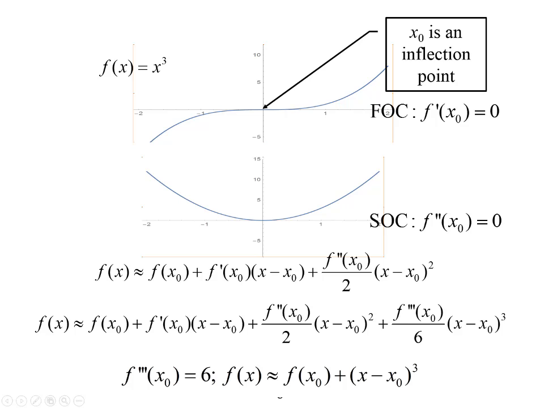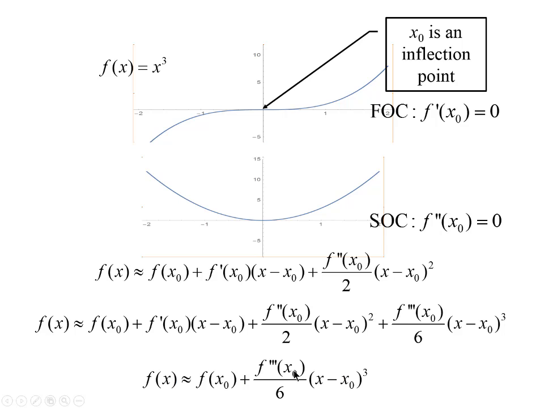And in case of, say, if now we generalize and consider a case when the third derivative is equal to 0, then we would have to add more terms on the right-hand side and see which term in the Taylor decomposition is not equal to 0, and that term will determine the behavior of the function.